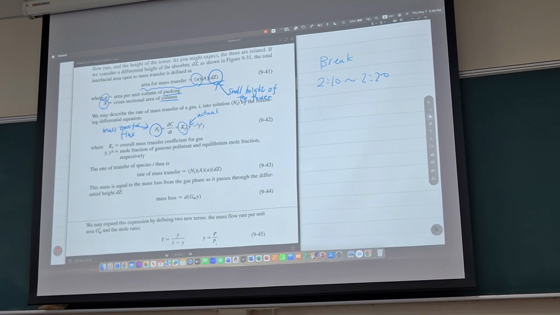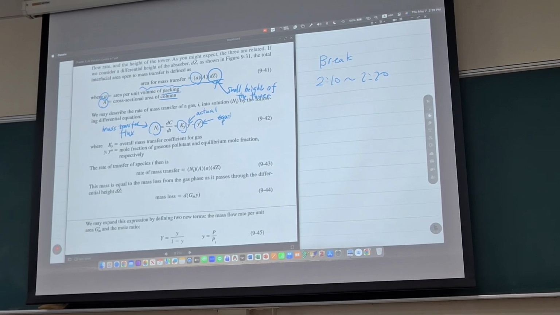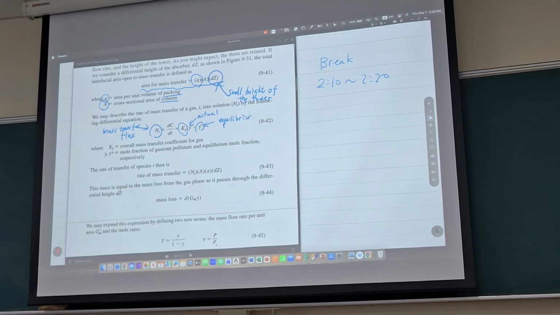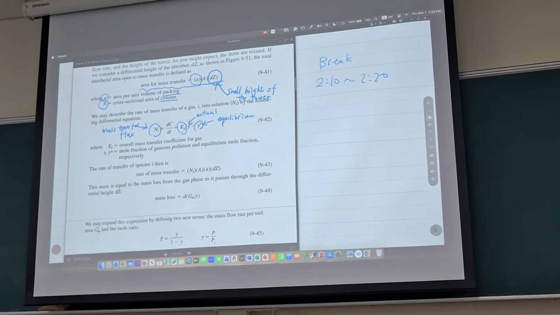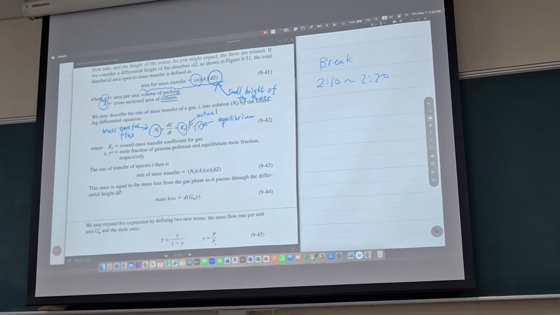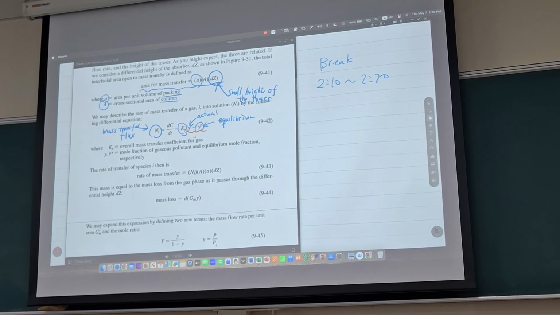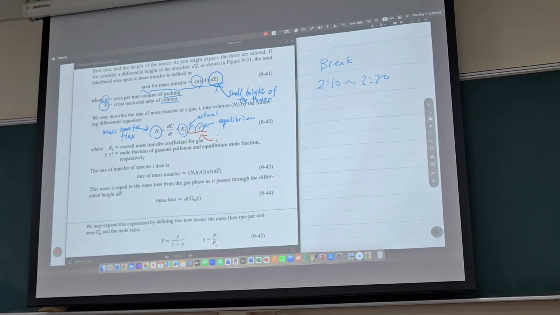Okay, with star, this one means equilibrium gas phase mole fractions. Okay? So Y minus Y star. What is this? So this is actually the driving force.